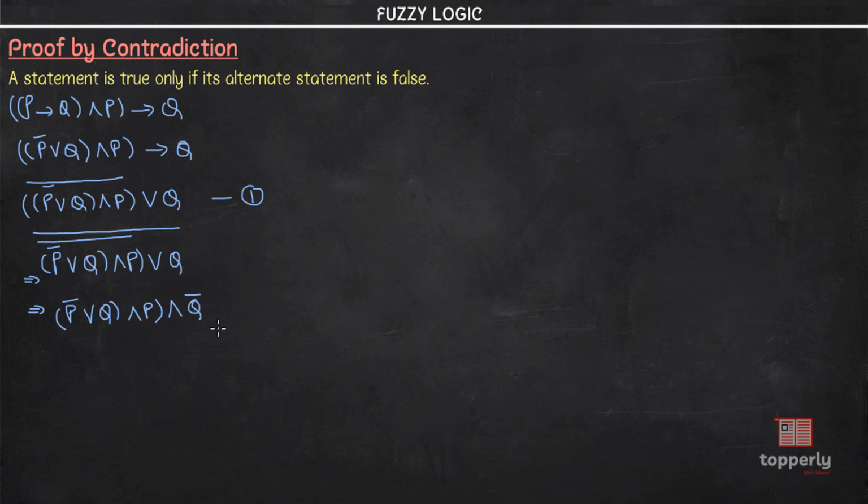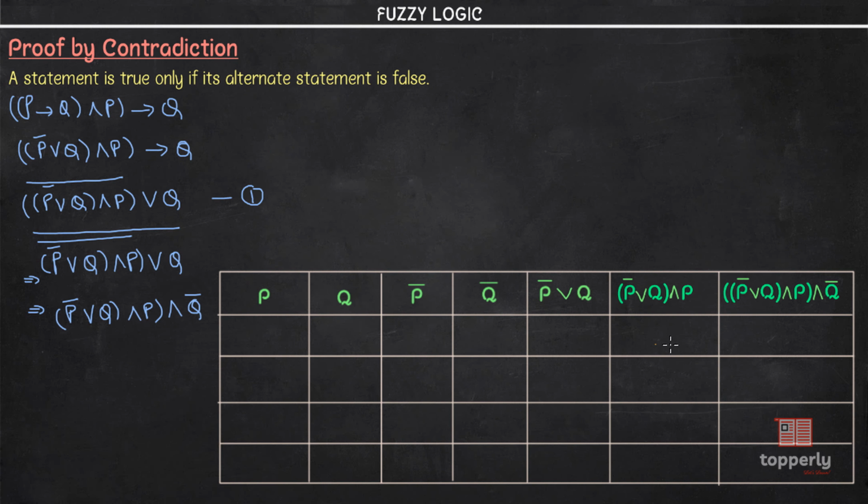So, let's consider the truth table to prove that. Here we have the truth table and let's fill in the values. We have true, true, false and false for P, and true, false, true and false for Q. Then we have to take the negation of P. True's negation will be false, false, true and true.